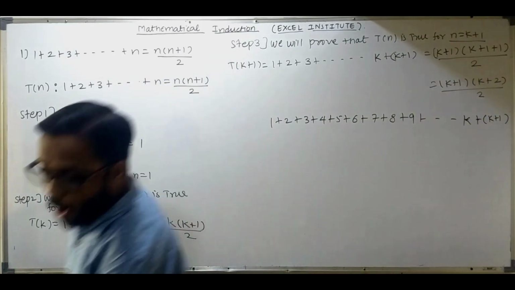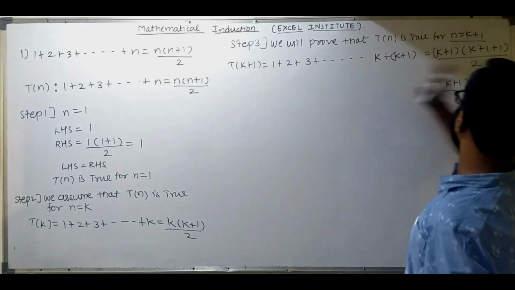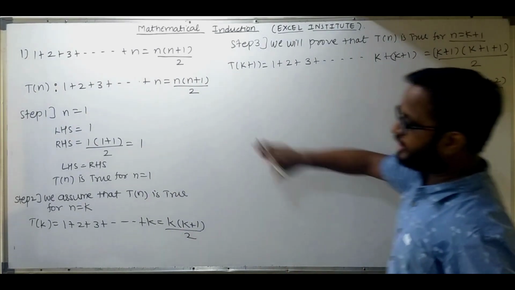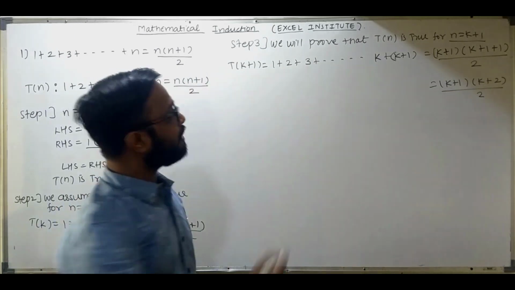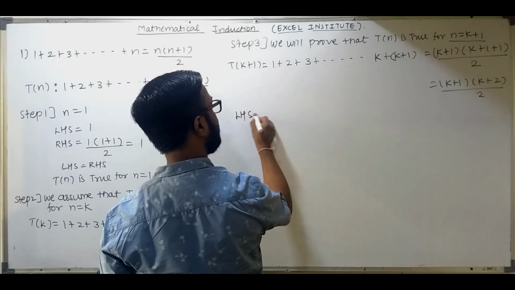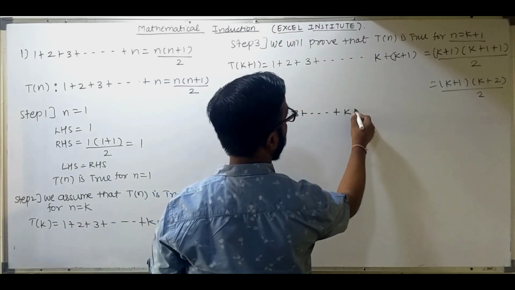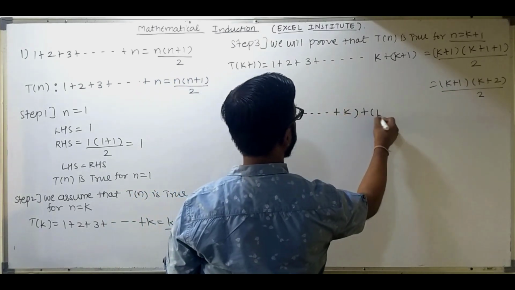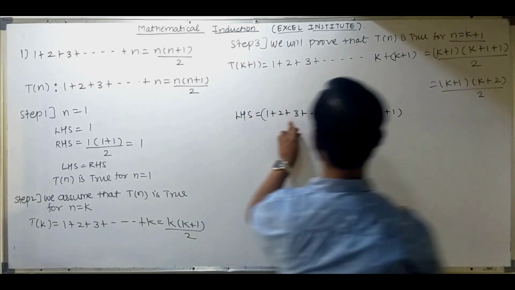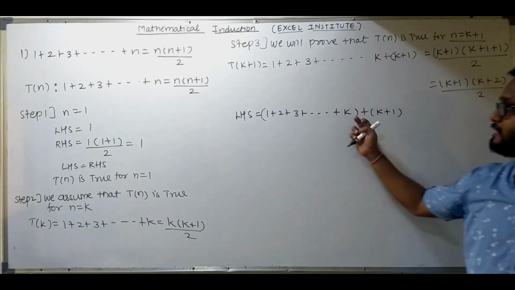Now we have to prove that this is equal to this with the help of this assumption. How to prove this? If I start with LHS, LHS is 1 plus 2 plus 3 up to k, plus k plus 1. But from step 2, what is 1 plus 2 plus 3 up to k?